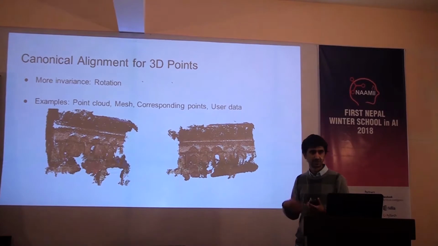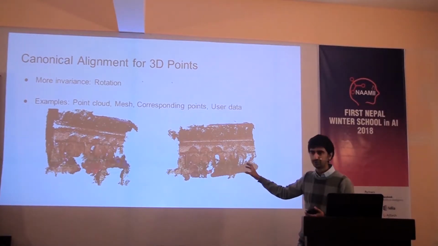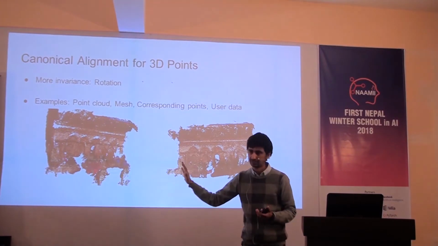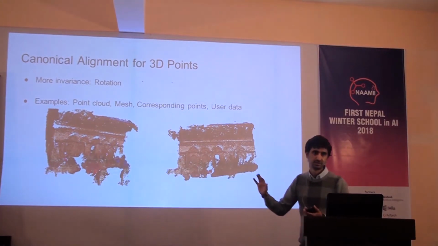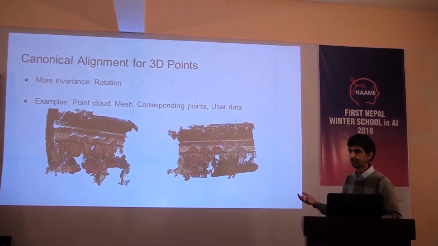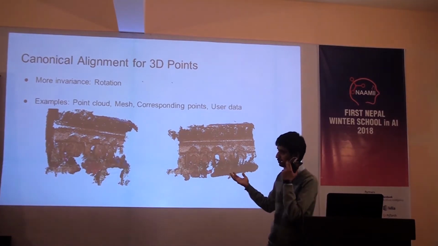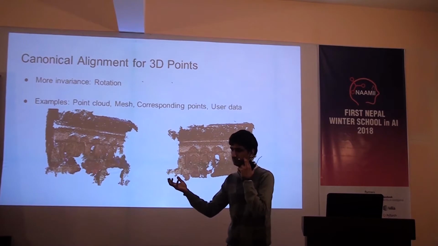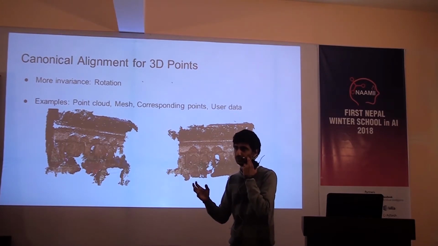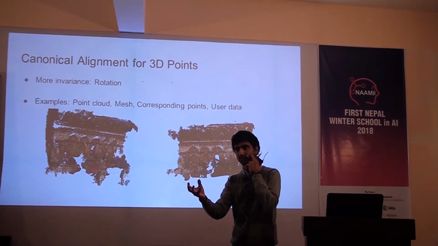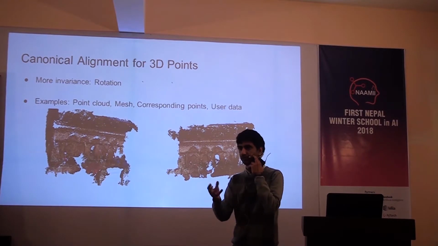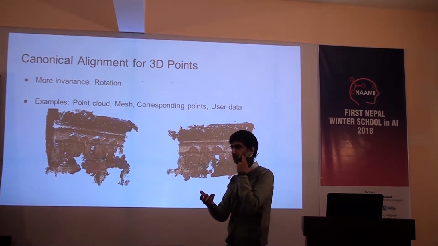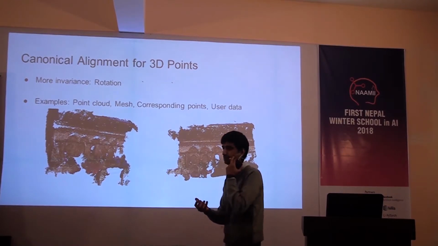We want whatever we learn on this to also give the same results on this point cloud, although they are rotated. If we want to segment the point cloud, or classify the point cloud, we want them to be invariant to rotation. So whatever rotation the input point cloud is in, we take it to a particular canonical configuration.